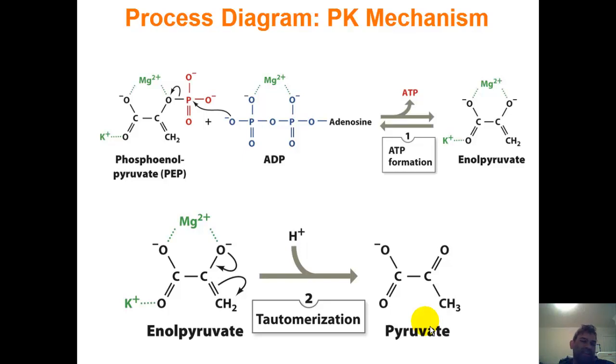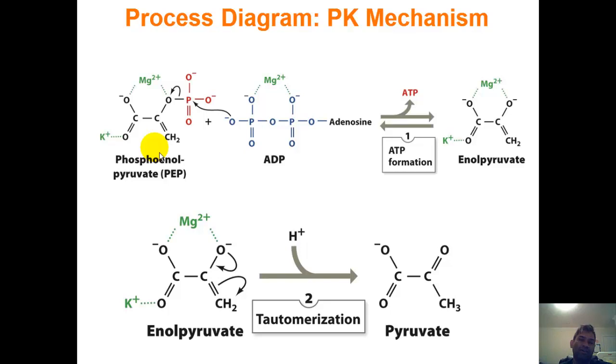Not something that's important for glycolysis or this specific lecture, but I just want to tell you that if we want to do the gluconeogenic route, the biosynthetic route, what we actually have to do is take a molecule known as oxaloacetate. Oxaloacetate gets converted to phosphoenolpyruvate, and phosphoenolpyruvate goes straight up into the gluconeogenic pathway.